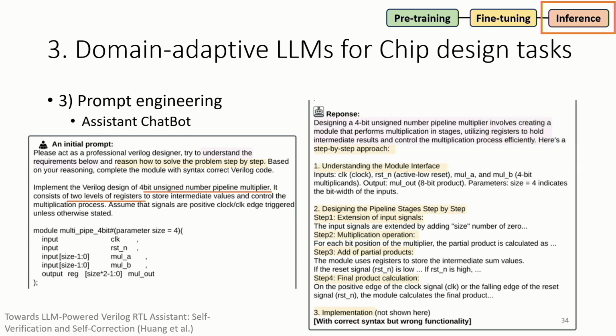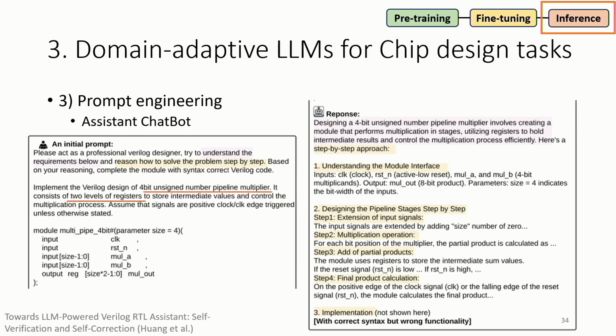So this is an example output. You can see the pink part is where it actually does some self-planning, like if I want to design this 4-bit unsigned pipeline multiplier, what will be the steps? And then in the orange parts, you can see different detailed steps, like how to divide and conquer for this design task.